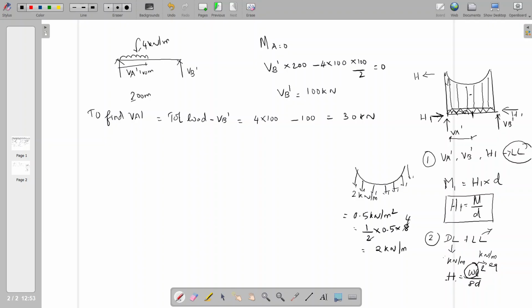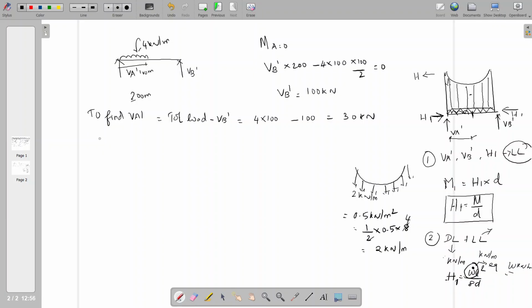If you calculate from this H1 value, you get W in kilonewton per meter, that is called the equivalent UDL. If your problem mentions different live loads at different positions, you should not convert the H1 into equivalent UDL. You should go with the direct method of taking the live loads.